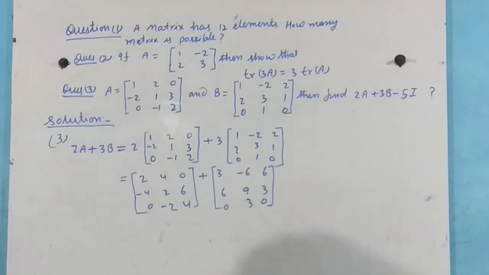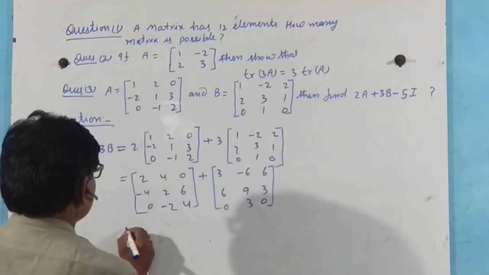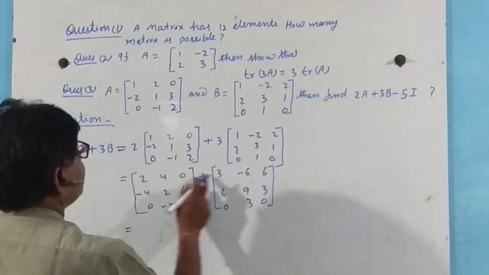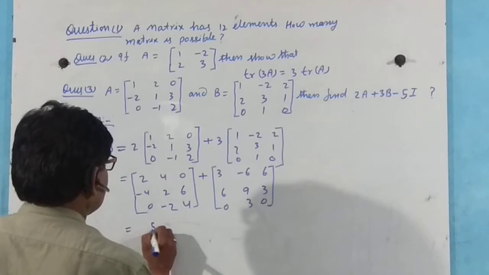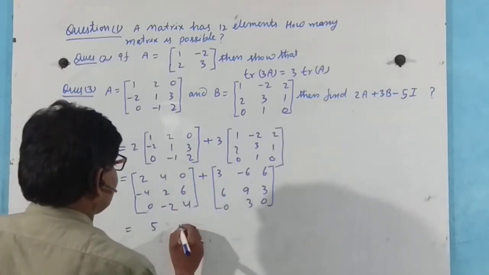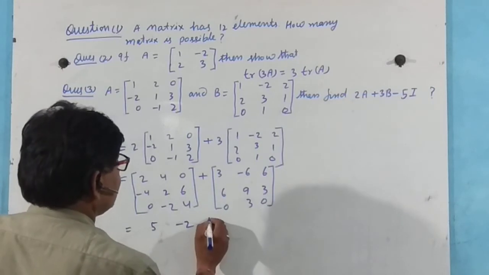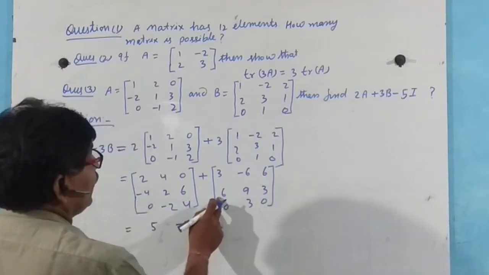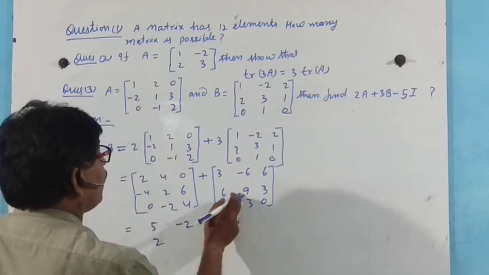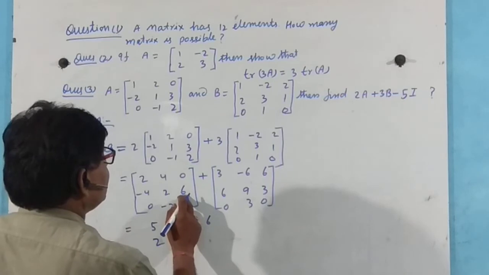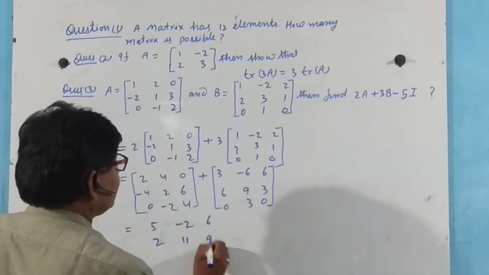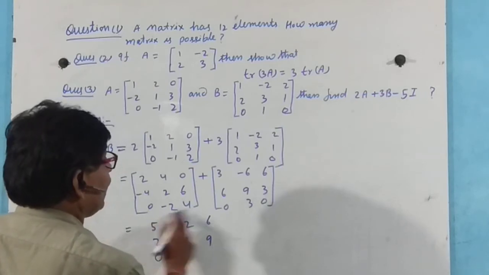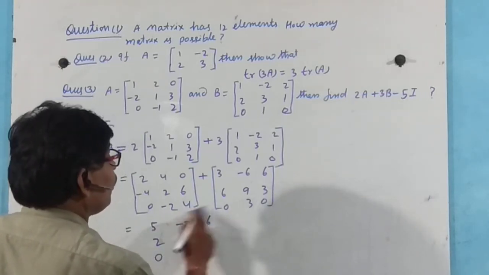Now this is the sum of these. Adding corresponding elements, this is equal to 3 2, 2 3 5, 4 6 minus 2, 0 6 6, minus 4 and plus 6 is 2, 2 or 9 11, 6 and 3 9, 0 0, minus 2 plus 3 plus 1 is 4, 0, 4.